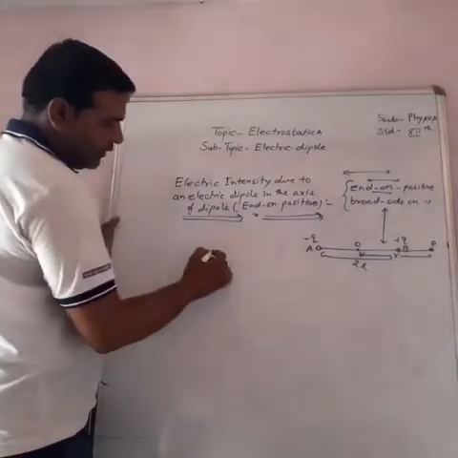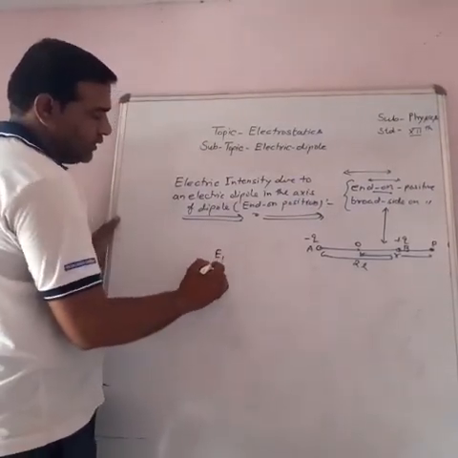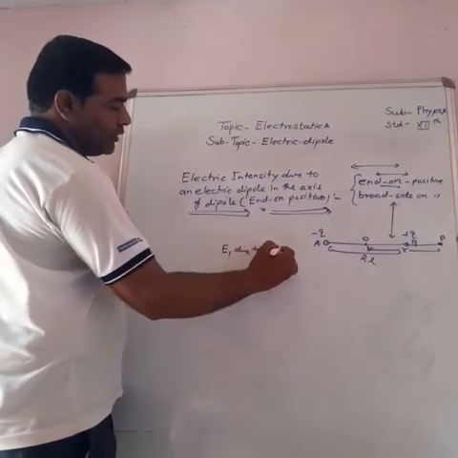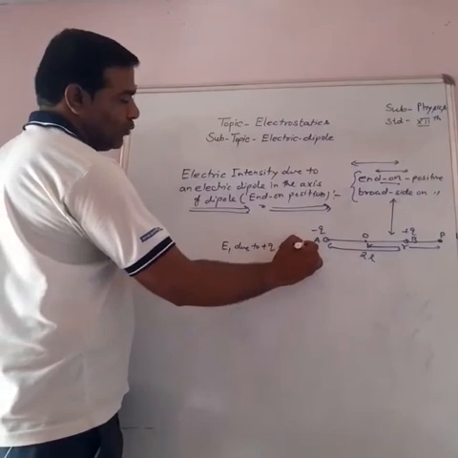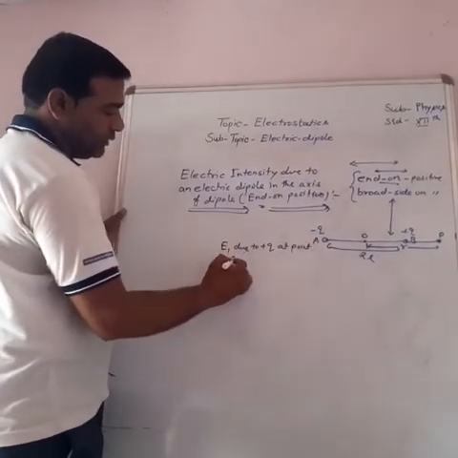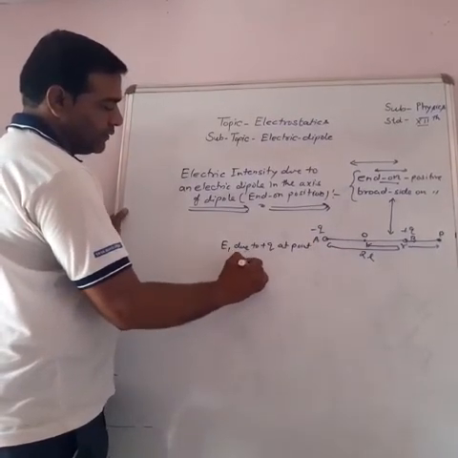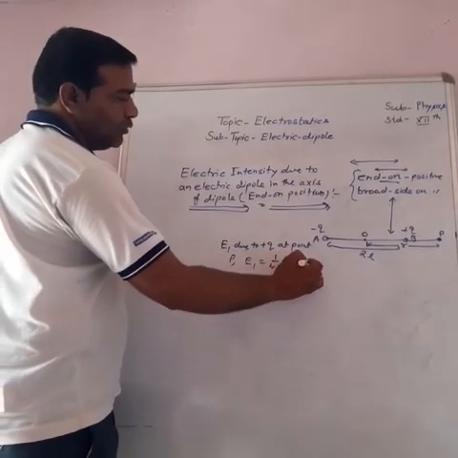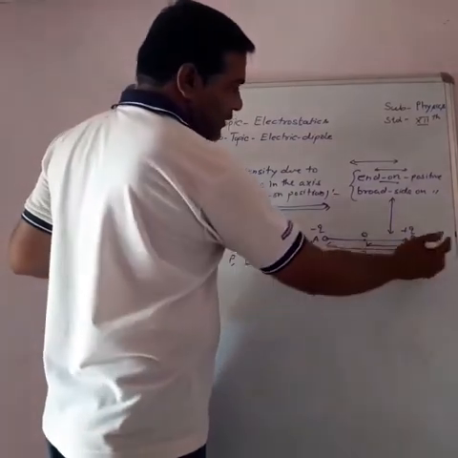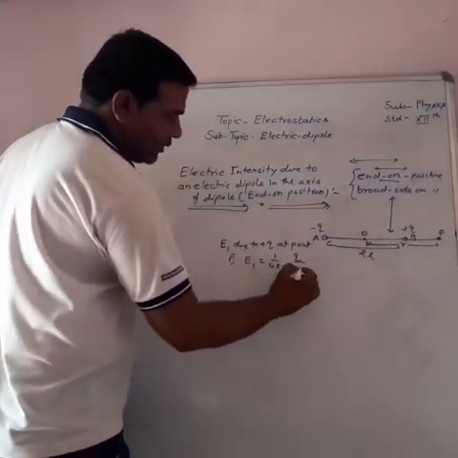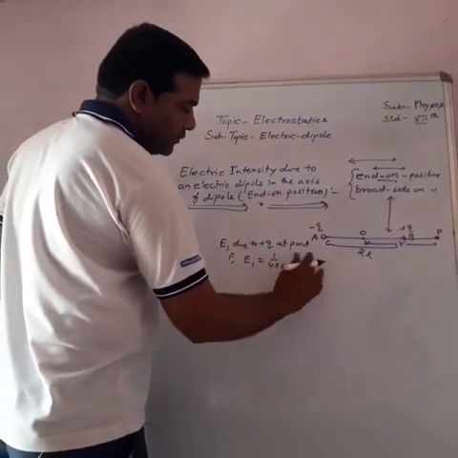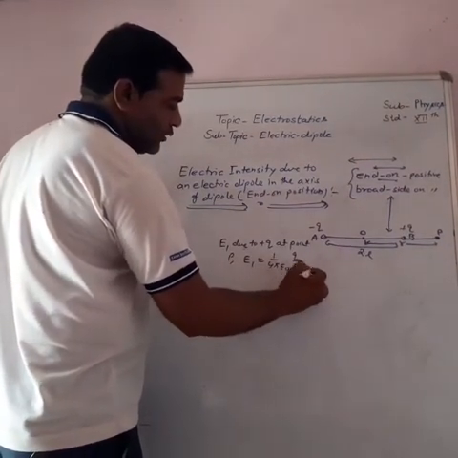For this, first of all, the electric field intensity E1 due to plus q charge at point P is 1/4 pi epsilon naught q upon the distance of P from it, R minus L, whole square.